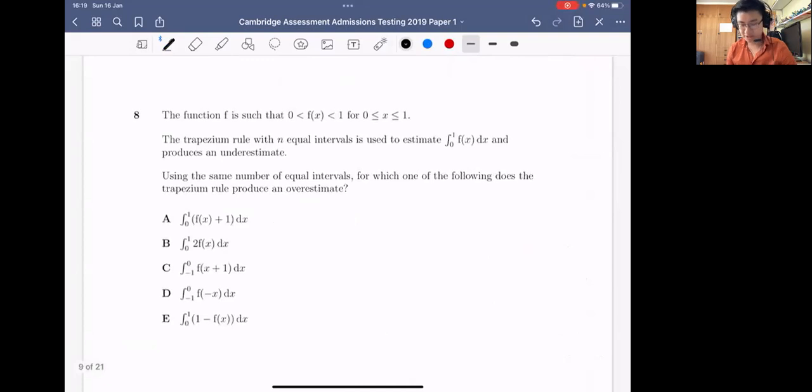Question 8. The function f is such that that is less than 1 for that trapezium. I can't remember what the trapezium rule is. I think it's something about partitioning your function into trapeziums rather than rectangles to estimate its integral. Okay. Produces an underestimate. So I guess if you have a function like that, your trapezium is always underneath the graph, so that it is a little bit less than its actual integral.